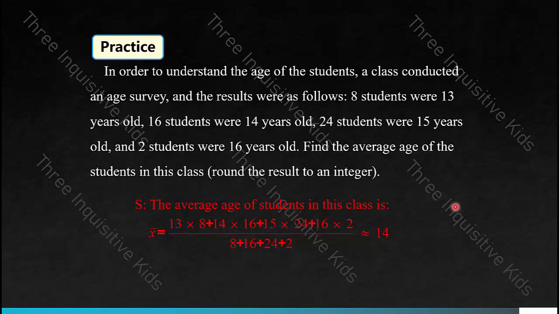So the average age of the students in this class, rounded to the nearest integer, would be 14 years old. And as you can see here, X has a line over it. So it means that this is talking about average, and it's talking about the mean. Therefore, the average age of the students in this class is 14 years old.